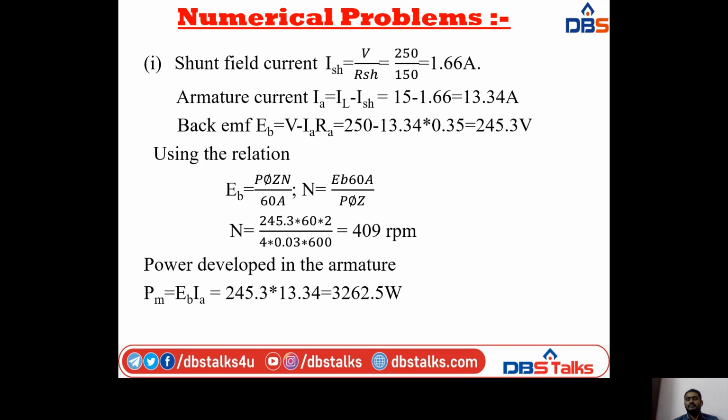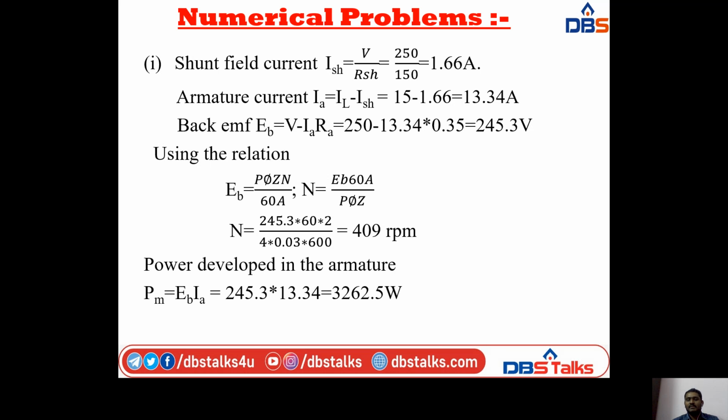In the problem they have given the supply voltage 250 divided by RSH, the shunt field resistance, 150 ohms. So 250 by 150 we get 1.66 amperes as the shunt field current. And next we will calculate the armature current for a DC shunt motor. We have Ia is equal to IL minus ISH. If it is a DC generator, the armature current formula is Ia is equal to IL plus ISH.